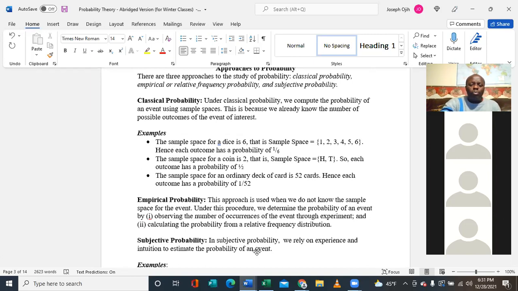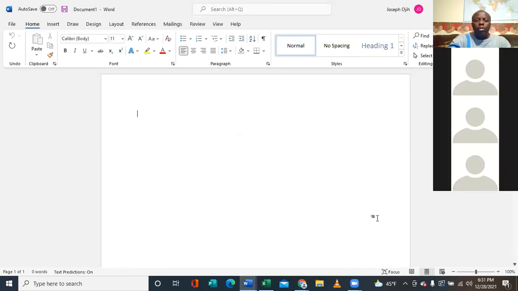And under classical probability, we estimate the probability of an event using this formula I'm going to show you.